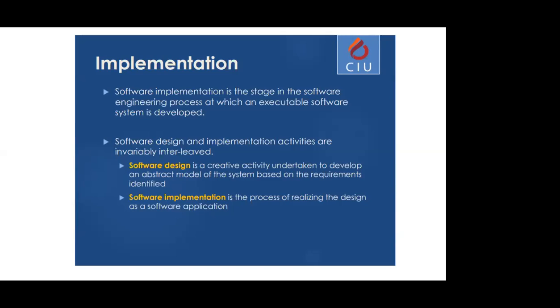In some cases, especially in agile development, this is also supported by specifications. So rather than being separate activities in agile development, design, implementation, and specification run as concurrent activities. In the implementation, you realize the design as a software application.